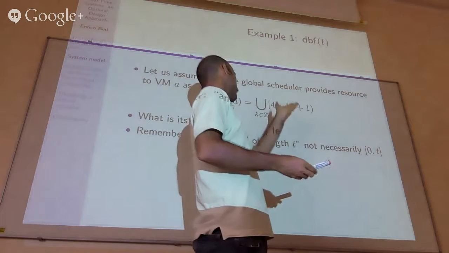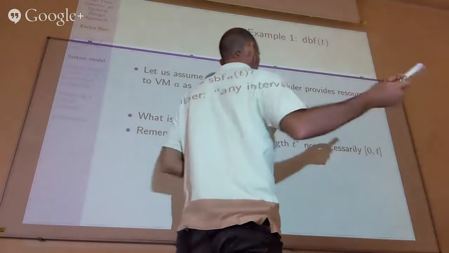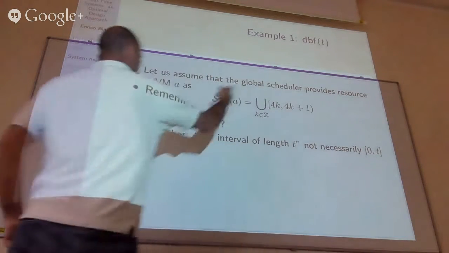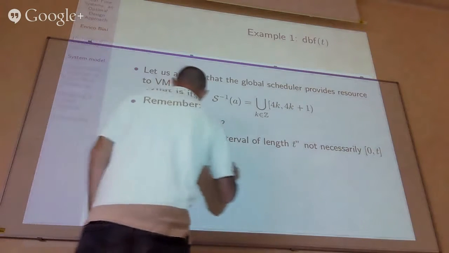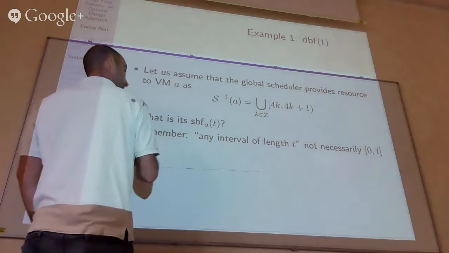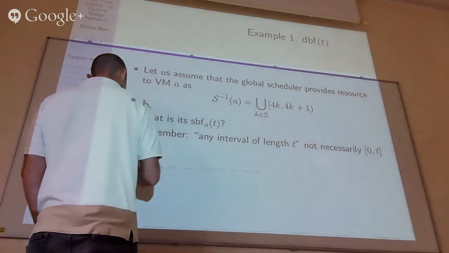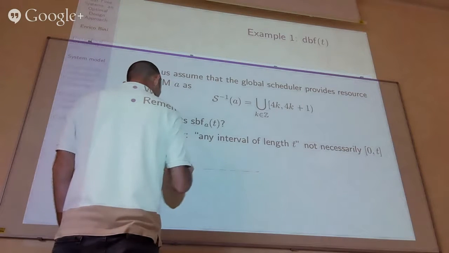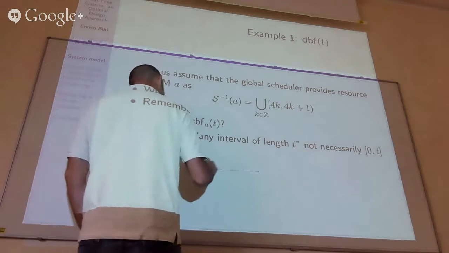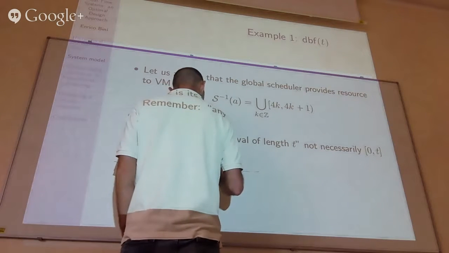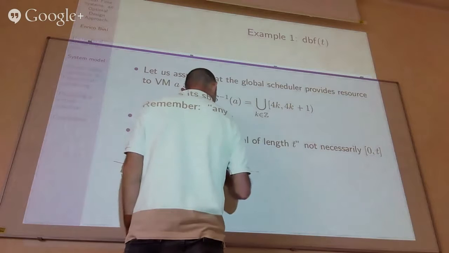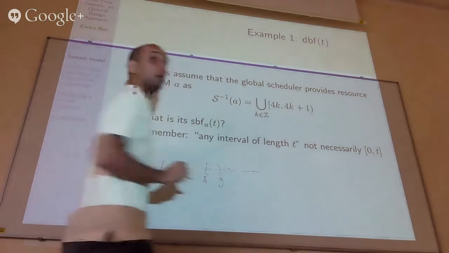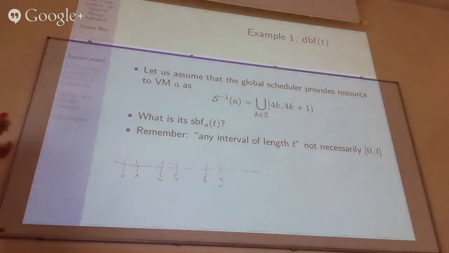This is the static partition that we were mentioning before with Pablo. So these intervals are allocating resource between 0 and 1, then 4 and 5, 8 and 9, and so forth.